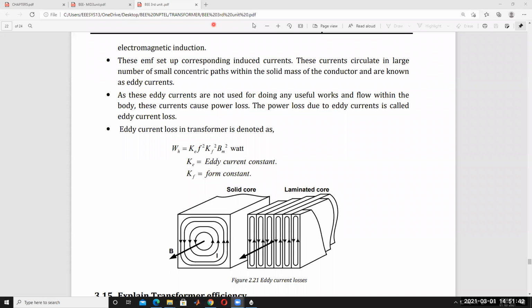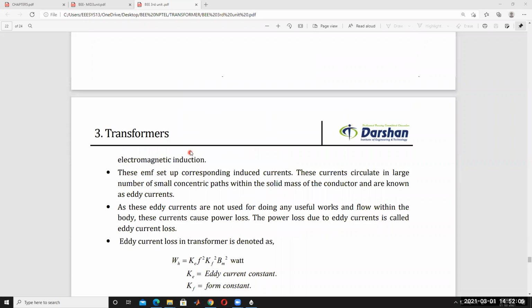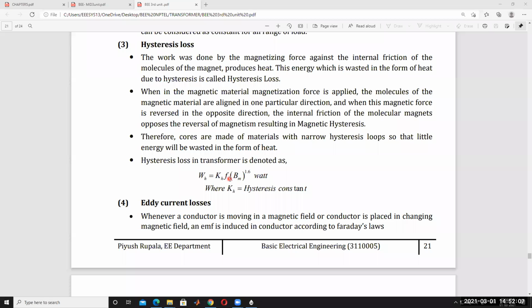This is the formula for eddy current losses in a transformer core. Eddy current loss is equal to Ke times f squared times Kf squared times Bm squared watts, where Ke is the eddy current constant. Hysteresis loss is proportional to the frequency and to Bm to the power 1.6.